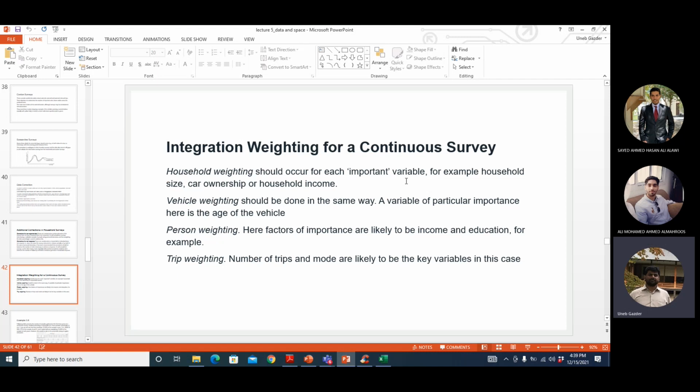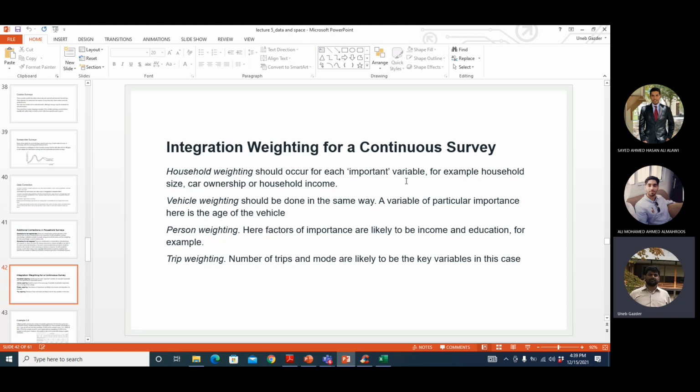If you are doing a continuous survey, which I explained last time as well, it means that data was collected in one year, and then it was collected next year as well, the same data, and then you use a combined sample from both years. Then you collect data in the third year as well, and use a combined sample for three years, and so on.